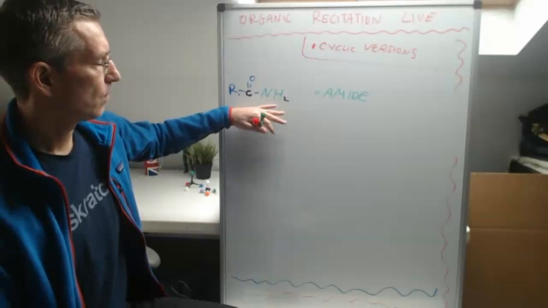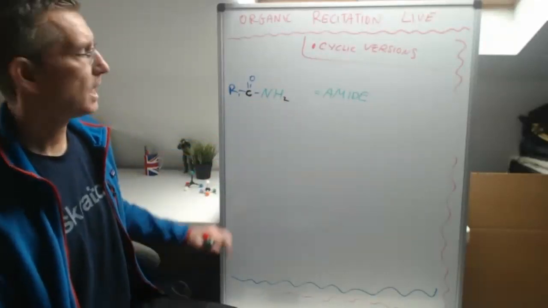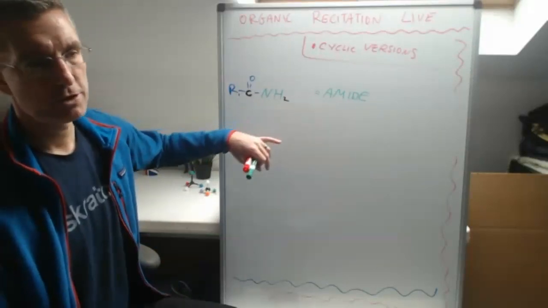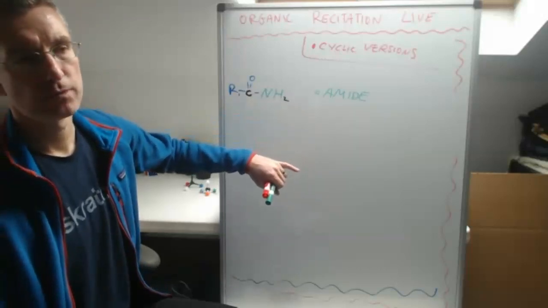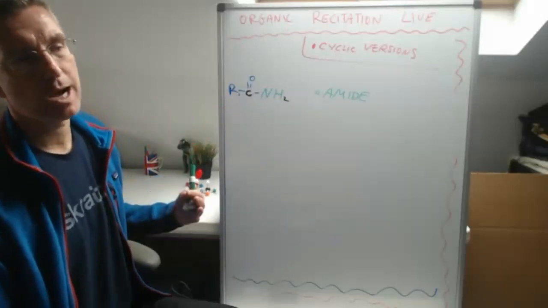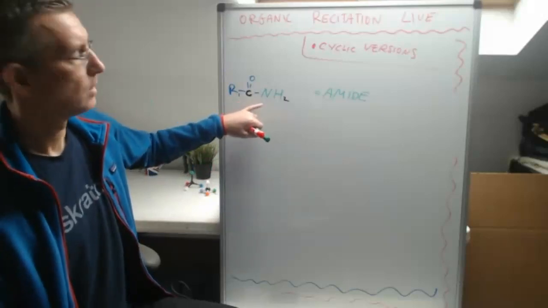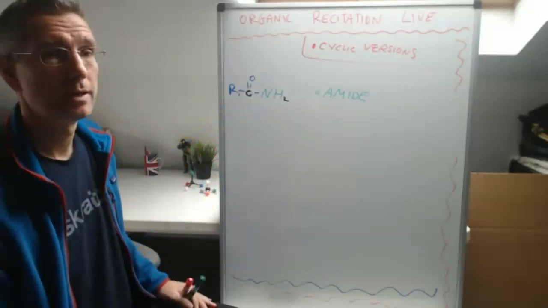So that is a primary amide. A secondary amide would be an NHR. Tertiary amide would be NR2. So again, remember to count the carbon of your CO double bond. Here it counts if we're categorizing that as a primary amide.